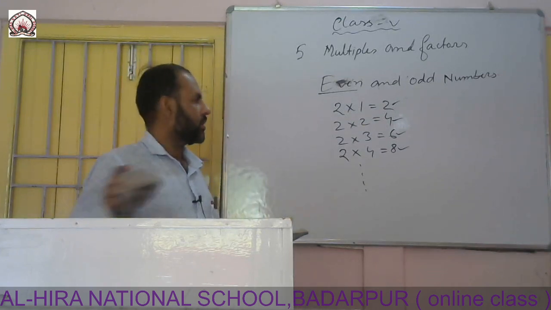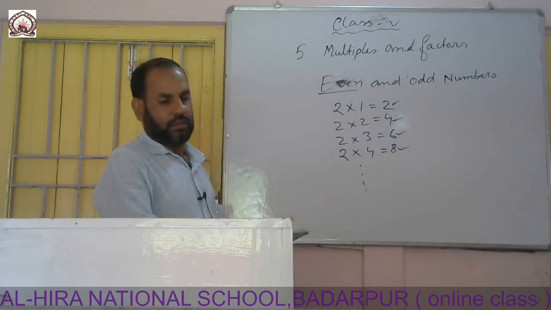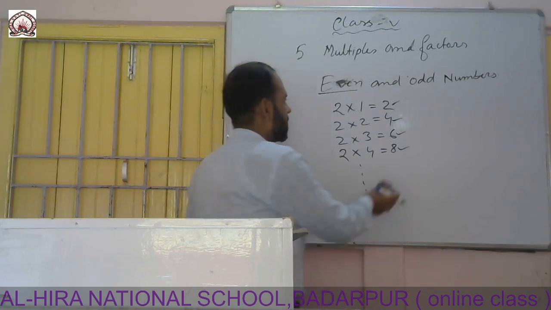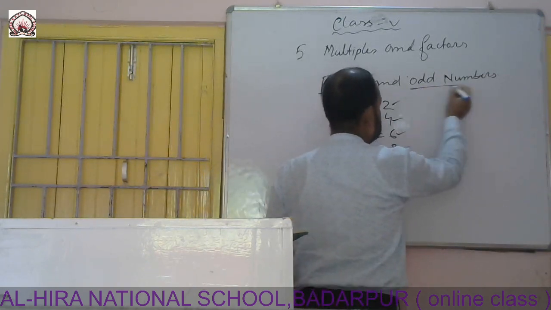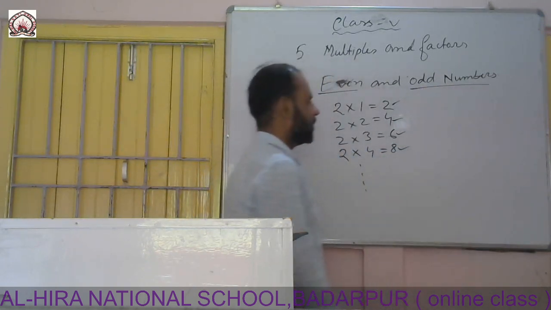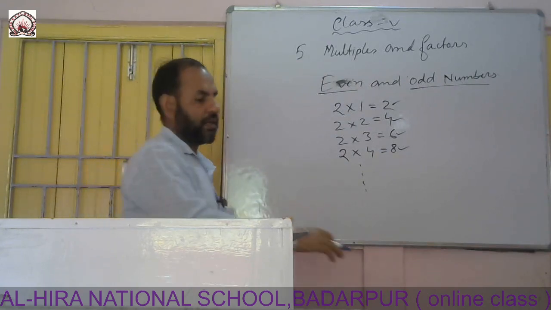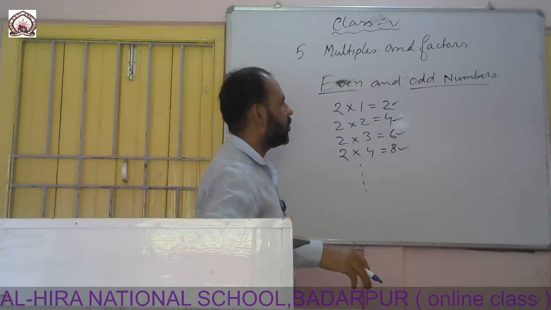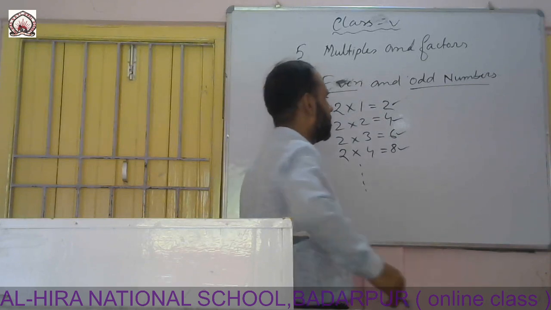So next, odd numbers. Numbers that are not multiples of 2 are odd numbers.